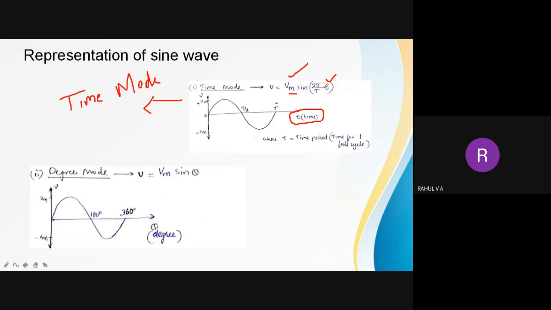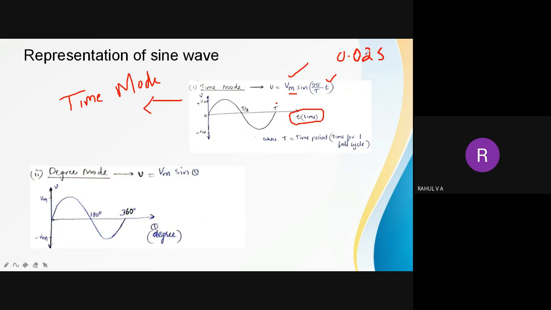Suppose I want to know the voltage at 0.02 second immediately after starting the rotation. Then I can substitute the value t as 0.02 in this equation, and then I can substitute capital T, the time period, and then I will get the instantaneous voltage.